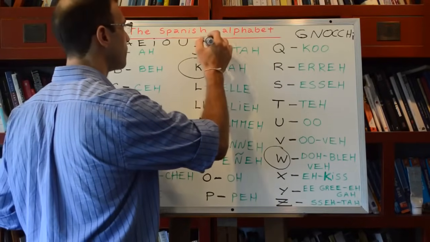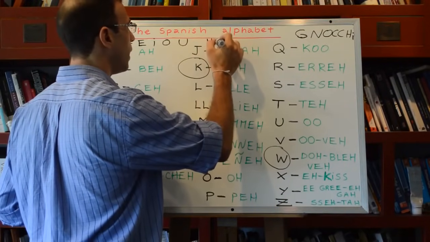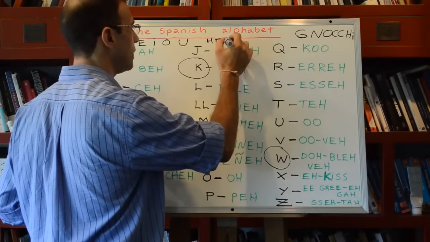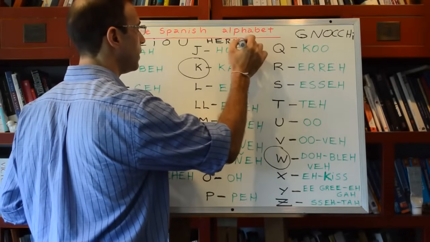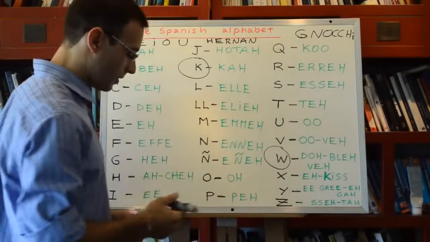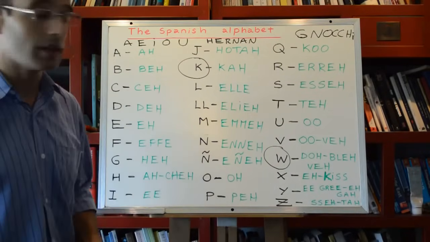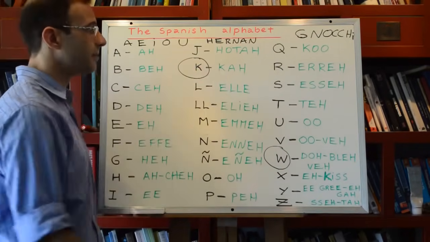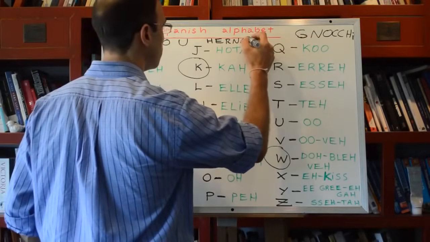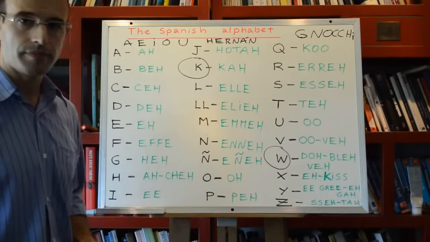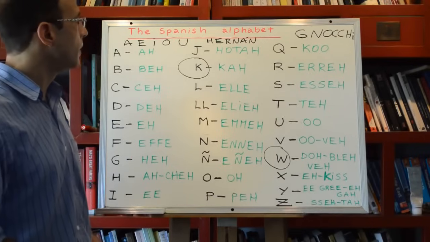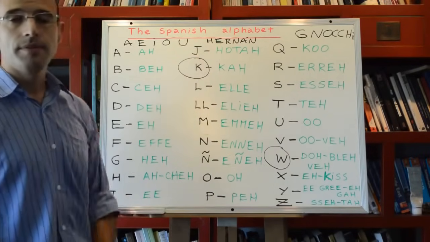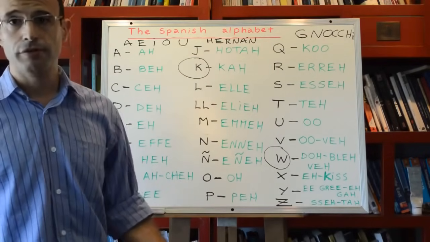For example, there is a very common Spanish name that I frequently hear that is very hard to pronounce in English: Hernán. Okay? This has an accent here. So the H is mute, as I said before.